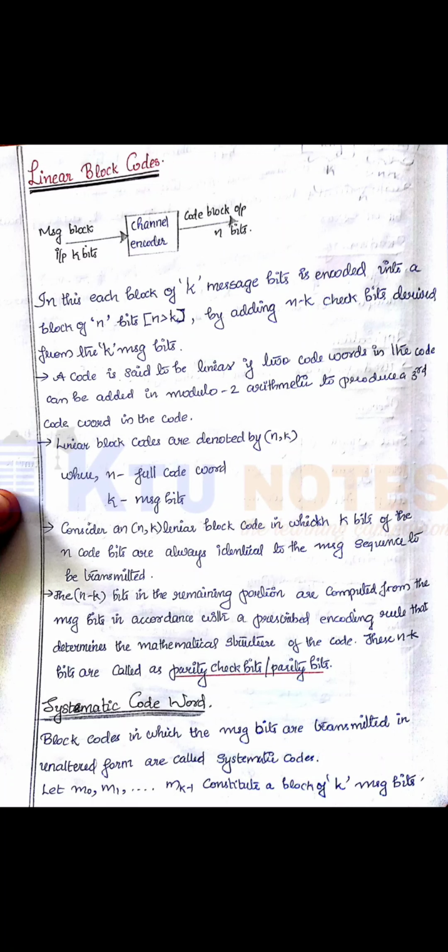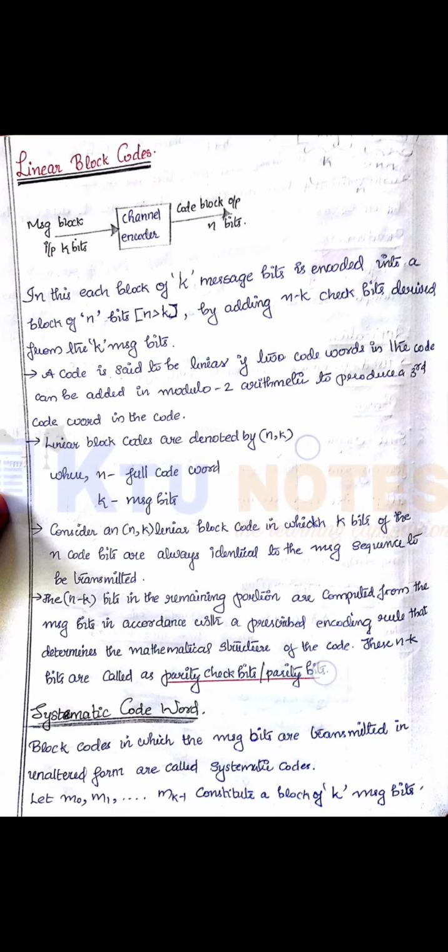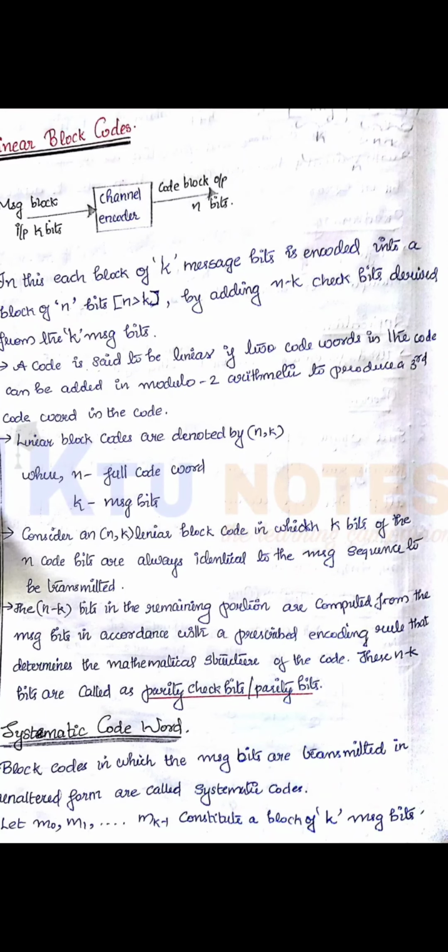Here n is the code word length and k is the number of message bits. Consider an (n, k) linear block code in which k bits of the n code bits are always identical to the message sequence to be transmitted. So one part of n is nothing but the input k, and the other part is the n minus k bits added by the channel encoder.